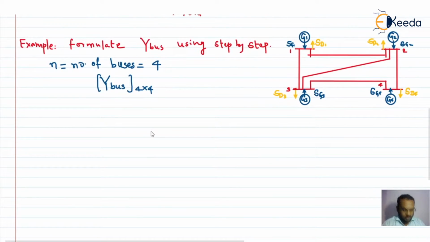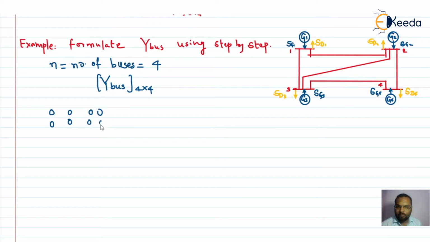So what is the first step? The very first step is to initiate all the elements of the Y bus matrix as 0. So 0 0 0 0, 0 0 0 0.